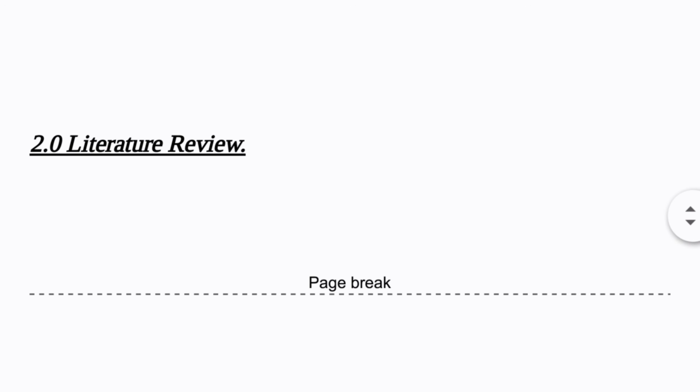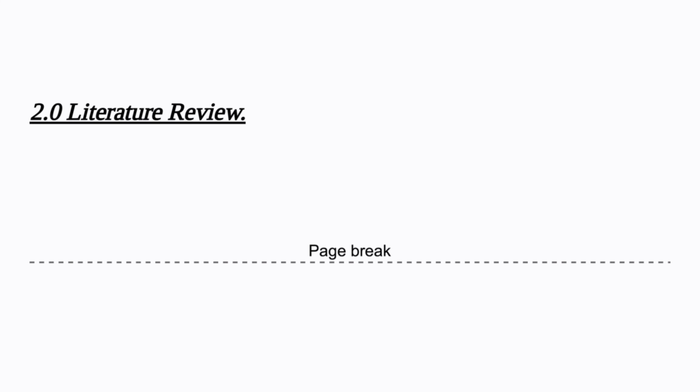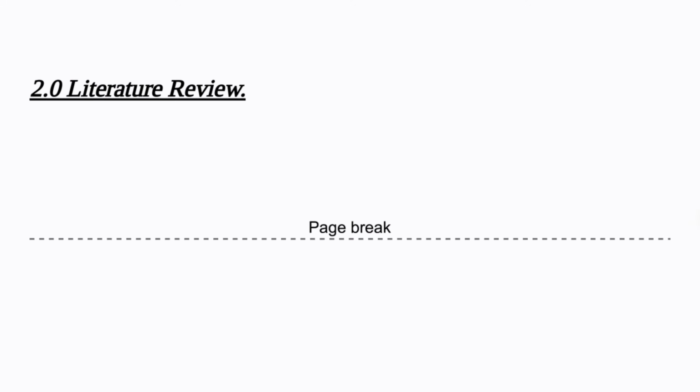Then you move on to the literature review. Under the literature review, you write about past studies which were done on the topic and what can be done to improve them. Yeah, that's it. Then on the data presentation, you simply present the data you researched during your field trip or your field research in form of pie charts, tables and graphs, etc., and further interpret them in form of words.